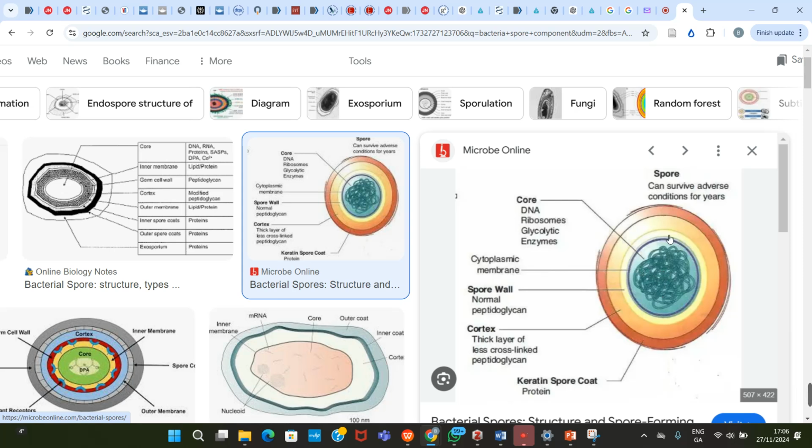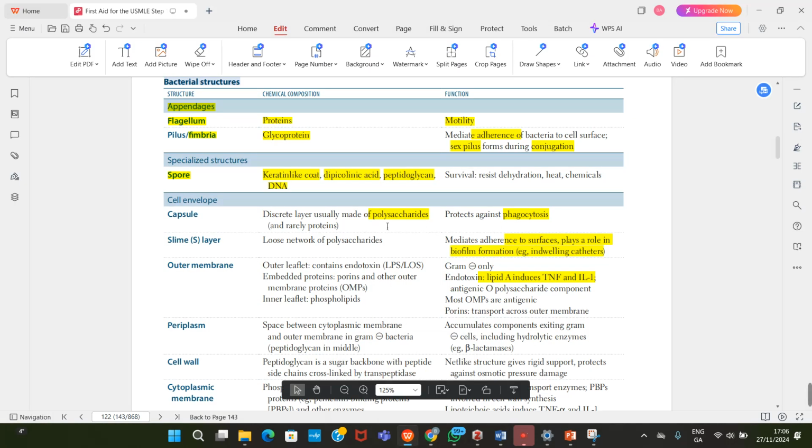The next is the peptidoglycan cell wall, then we have the dipicolinic acid coat, then the outer keratin coat. Just know that we have the DNA protected by the peptidoglycan cell wall, surrounded by dipicolinic acid and the keratin coat.